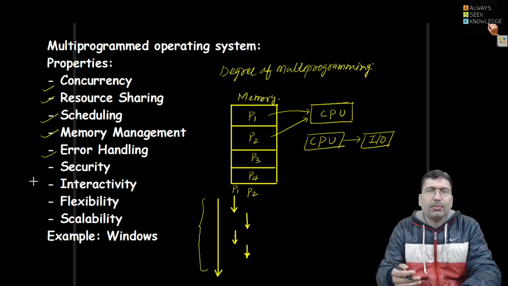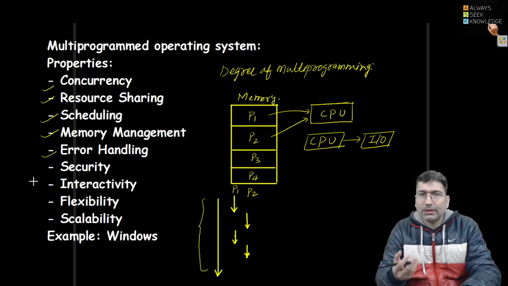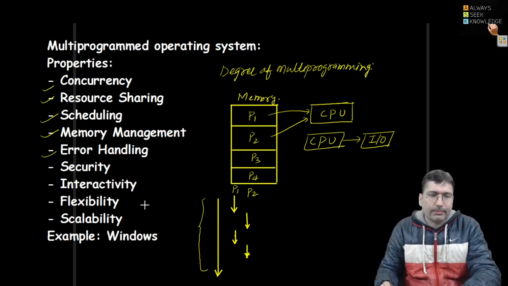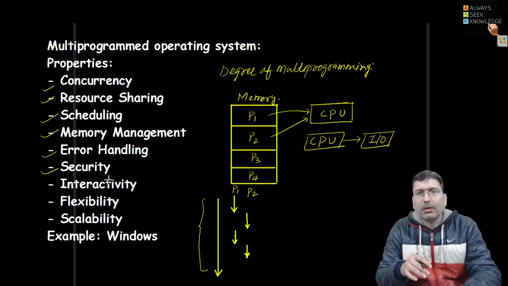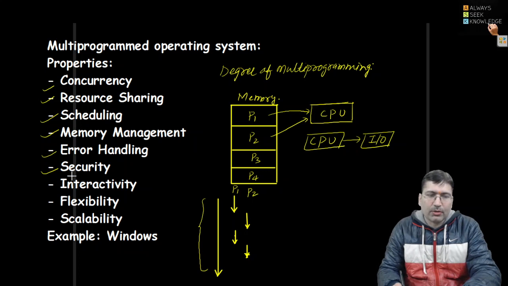Such a system will be error prone because multiple processes are executing, so the operating system needs to implement powerful error handling techniques. Security is also required because the system allows multiple processes to execute at a time. There may be malicious software or any problematic situation. So error handling and security are also required.